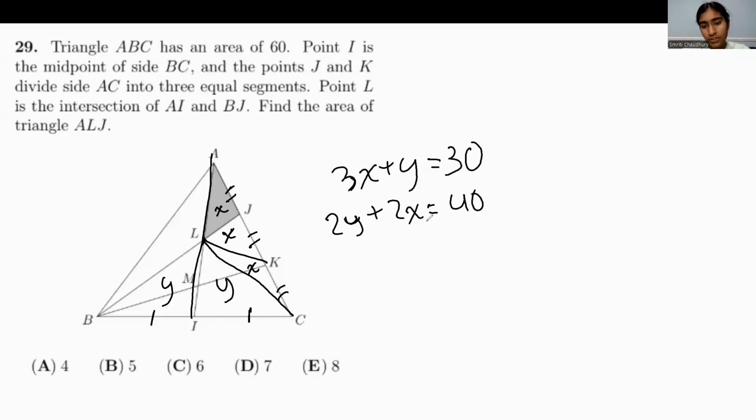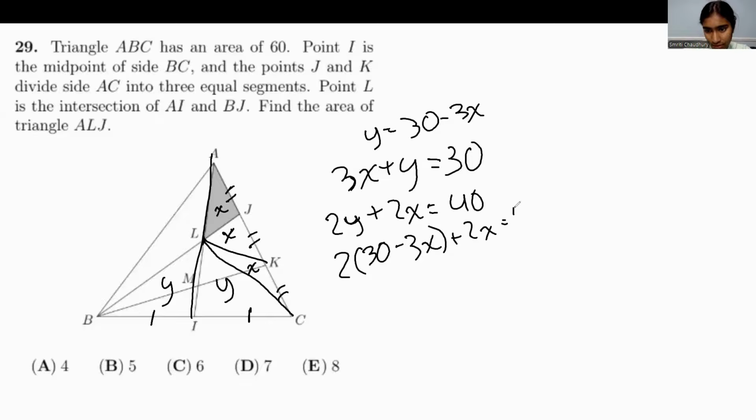And since we have two equations, two variables, we can now solve. So here, let's say y equals 30 minus 3x. And now let's plug that in here. So 2 times (30 minus 3x) plus 2x equals 40.